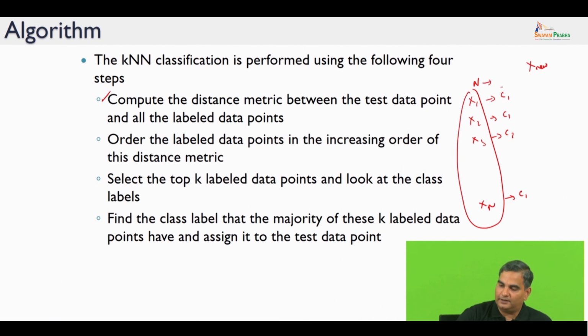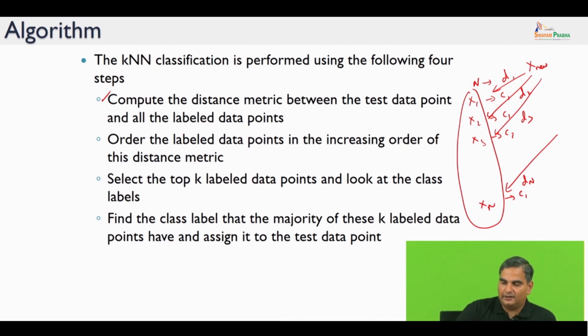So for example, there could be a distance d1 between x new and x1, d2 between x new and x2, d3, and so on, and dn. So once you calculate this distance, you have n distances, and this is the reason why we said you need a distance metric in the last slide for KNN to work.